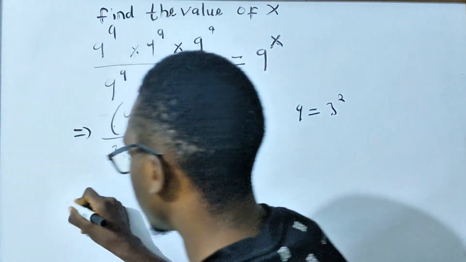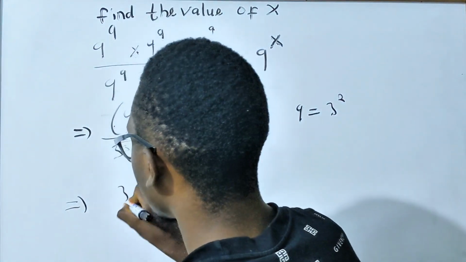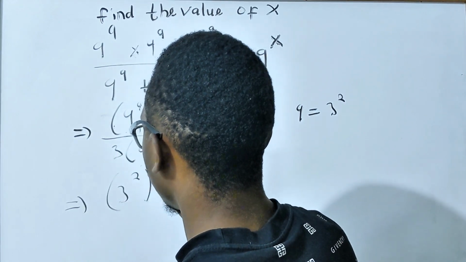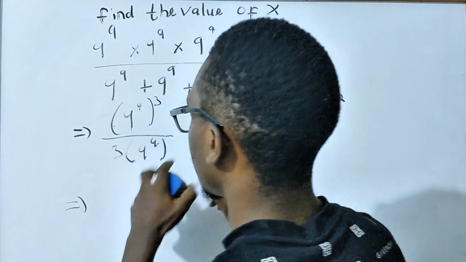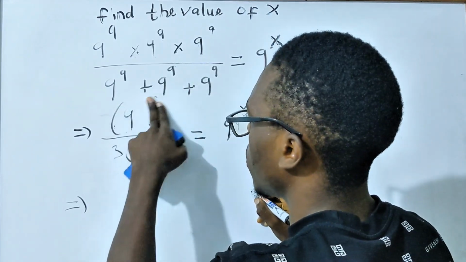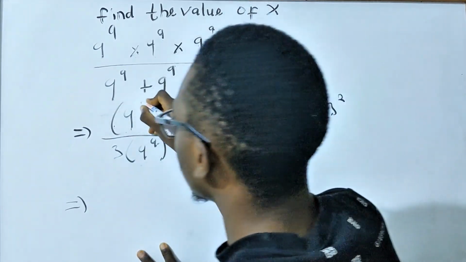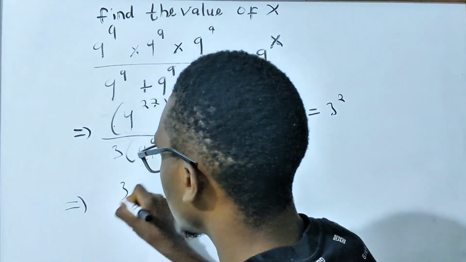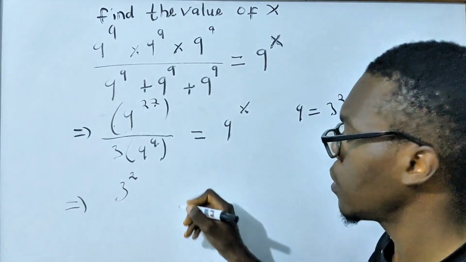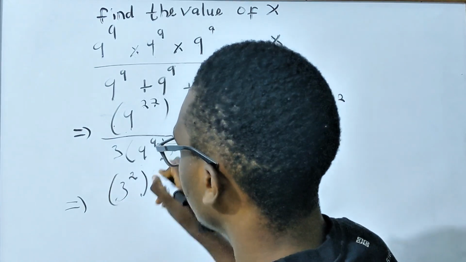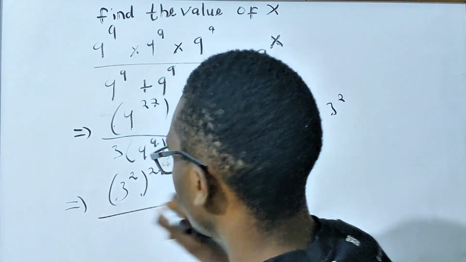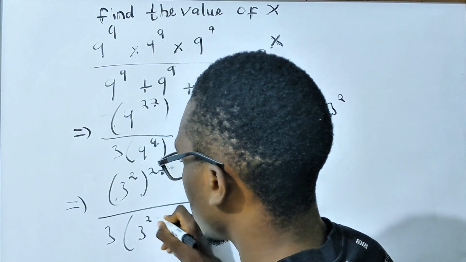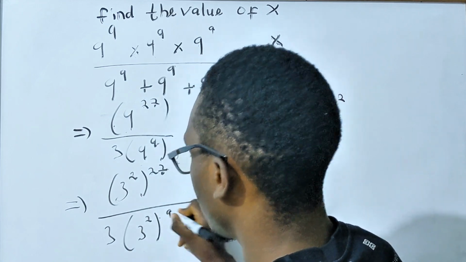Hence you can just put it as 3 squared all to the power 27, because here it is just like 9 to the power 27, 9 times 3. Hence you can have 3 squared all to the power 27 divided by 3 into 3 squared all to the power 9.